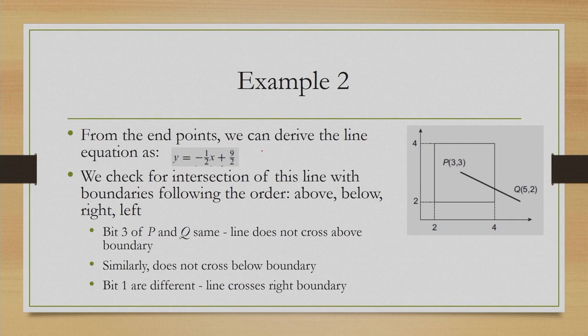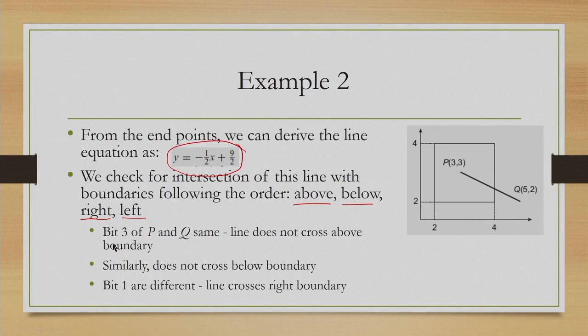From the endpoints, we can derive the line equation as shown here, and then we check for intersection of this line with boundaries in the following order. Above boundary first we will check with, then below boundary, then right boundary and then left boundary.